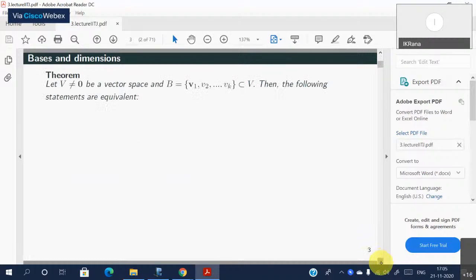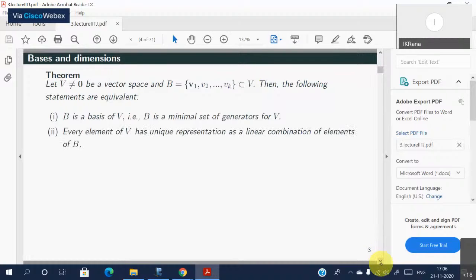Okay, right. So the claim is that for V which is not equal to 0, that means it has at least one non-zero element. If you look at the set V1, V2, Vn of vectors in V, then the following statements are equivalent. B is a basis of V, that means it is a minimal set of generators.